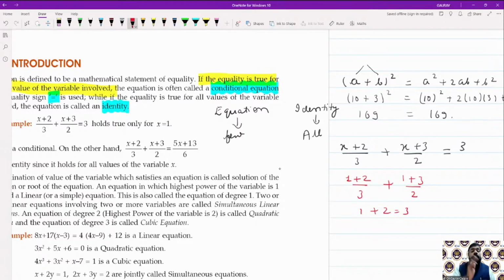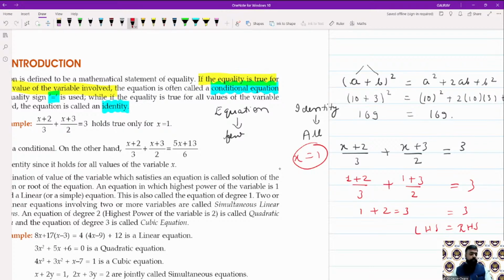Other than this value, if we try any other value like 2, 3, 4, it will not satisfy. But here it is satisfying, LHS is equal to RHS. That means this is an equation and it is true only for x equal to 1, and in all other cases it is not true. So it is known as a conditional equation, which is true only for a certain value of a variable.